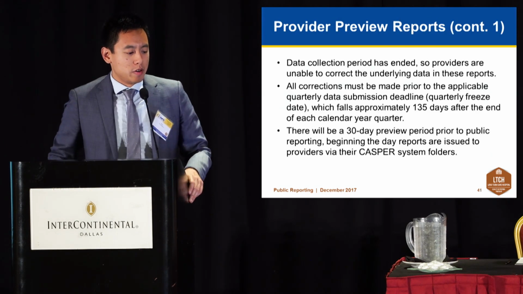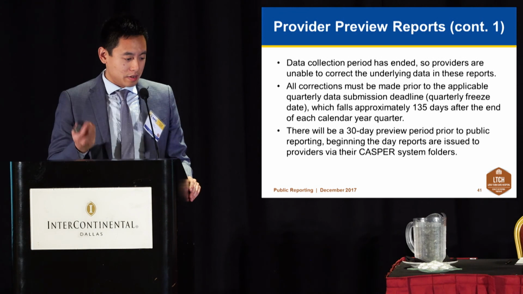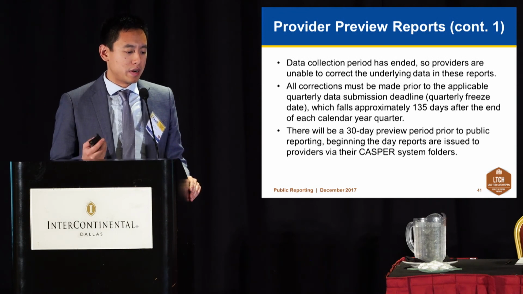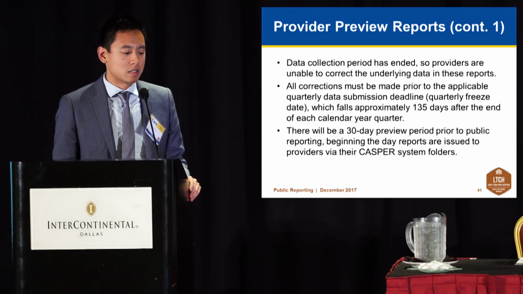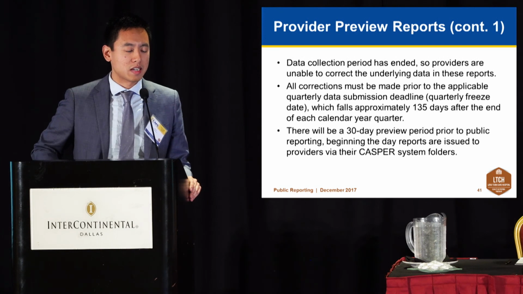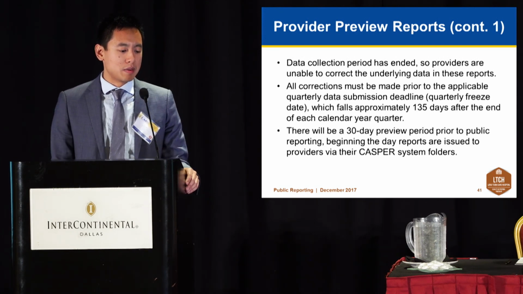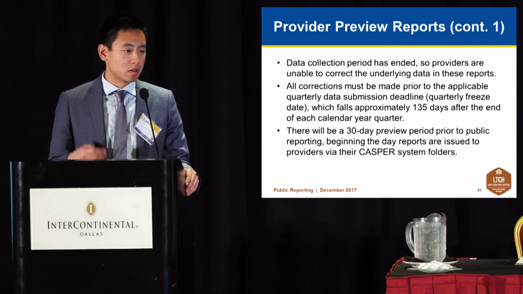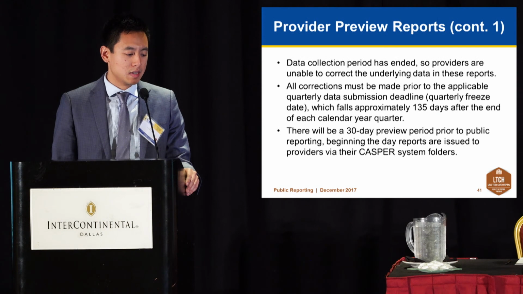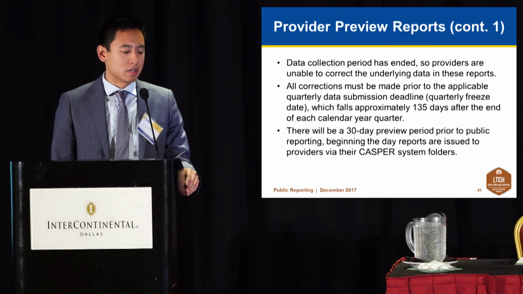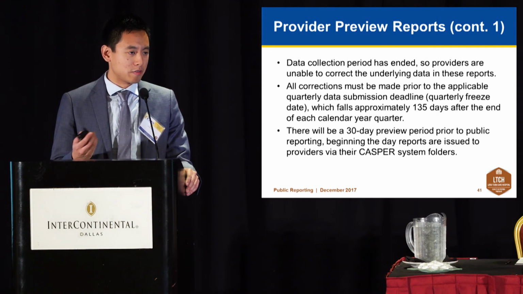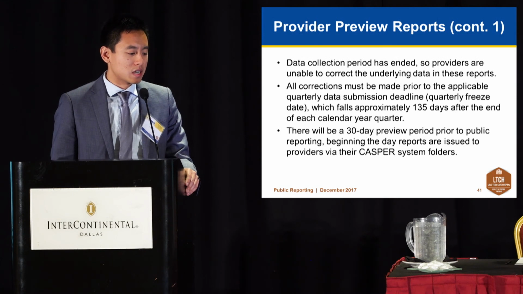So with these provider preview reports, as I said earlier, the data collection period has ended, so providers are unable to correct the underlying data in these reports. All corrections must be made prior to the applicable quarterly data submission deadlines, also called the quarterly freeze dates, which fall approximately 135 days, or 4.5 months, after the end of each calendar year quarter.